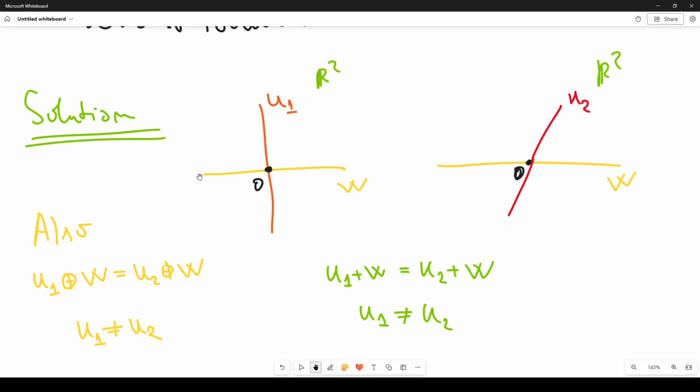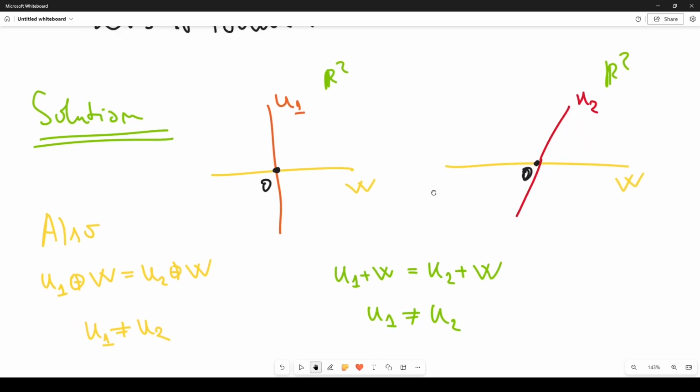But if you sum up the subspace W with U1, you just get R squared. You get every point in the plane, and the same in this case. So W plus U2, you can reach every point in the plane, so their sum is R squared. So we have that this holds, but obviously U1 is not equal to U2.